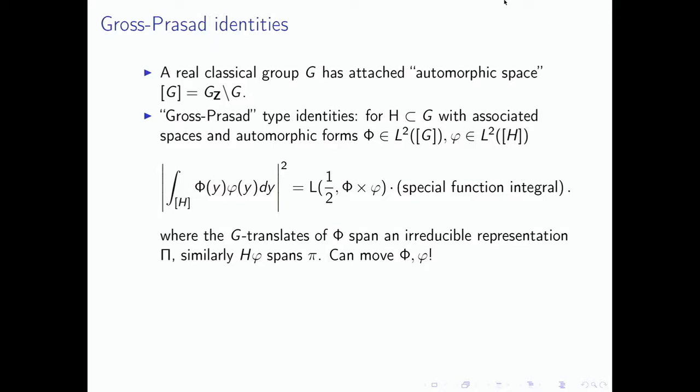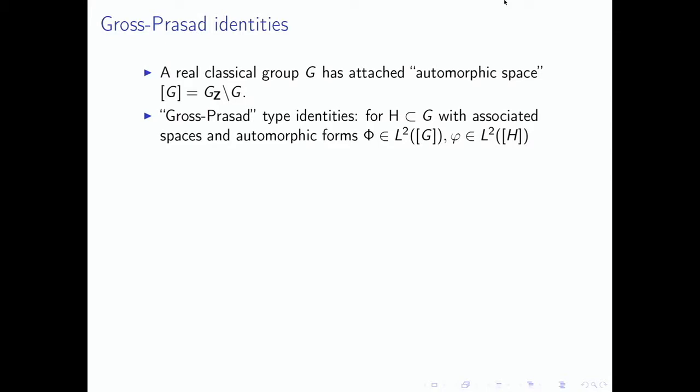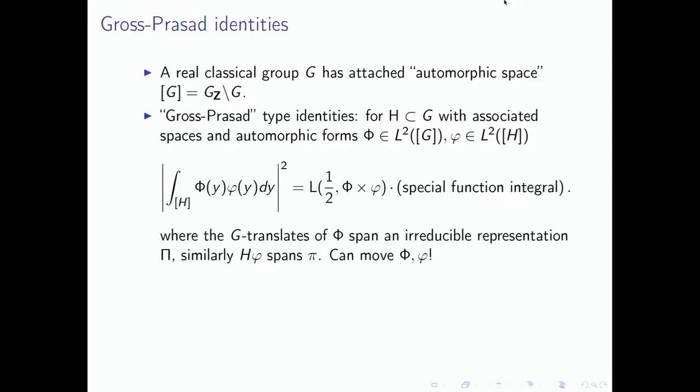Although he doesn't explicitly say it, one way to understand what he does is that he's making use of this freedom to change the vectors. Then maybe 10 or 15 years ago, Bernstein and Reznikov made a much more careful study of this and showed how you can do a lot more. Anyway, it's a very useful thing that you can change these vectors. It also changes the special function integral, and we're going to take advantage of that in a second.